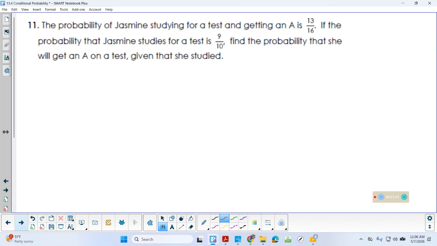Which fraction goes where? Well, remember, the top fraction is the one of the two events together. So the probability she studied and gets an A. What's the probability of both of them? 13/16. That key word there, and. And then obviously just getting blah, blah, blah, the 9 out of 10.